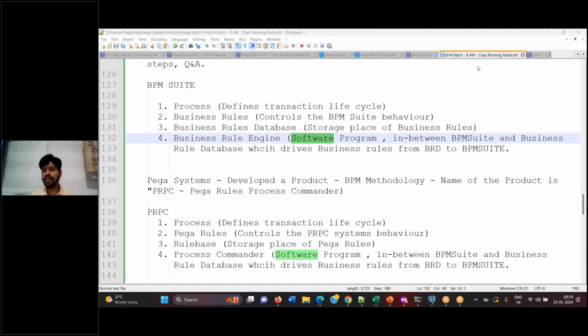Java compiler, can you relate it to real time? Nothing to relate. I'll tell you. See, I already told you that for BPM we need one software program interface to drive the rules from the rule base to the application. If I want to write a software program, I should use some technology. So the PEGA tool is written using some technology of Java.